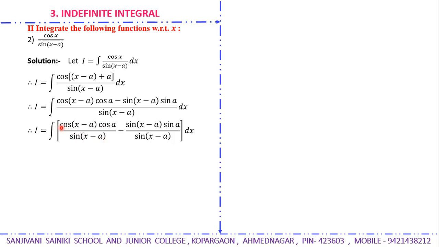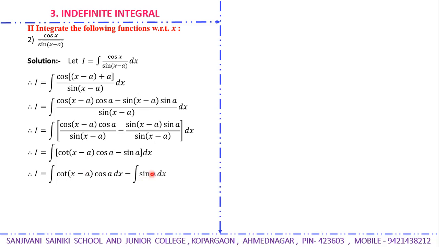Then cos of x minus a upon sin of x minus a is cot x minus a. Cos a is a constant, and here sin x minus a upon sin x minus a will cancel each other, and only sin a will remain. Take the separate integral. This cos a is a constant, so we can take it outside. Here will be the integral of only cot of x minus a.